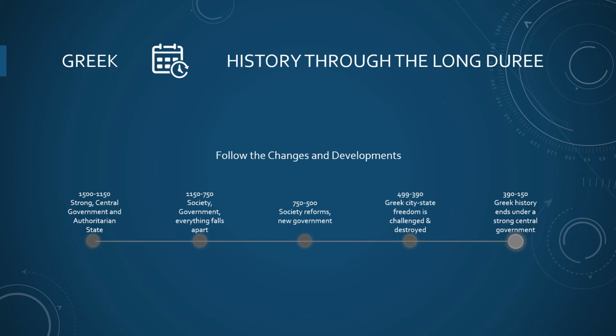So Greek history has made something of a circle. It has almost come back to exactly where it was before. It was strong, authoritarian, centralized. It broke down, was rebuilt, then broke down and rebuilt, but in its rebuilding, it went back to strong, authoritarian, centralized government.